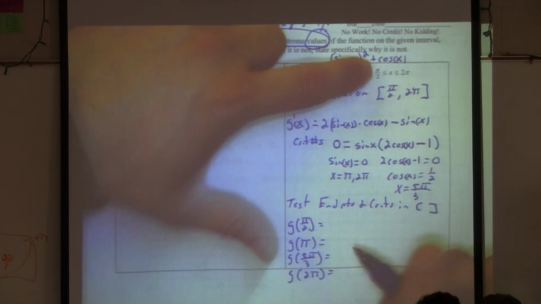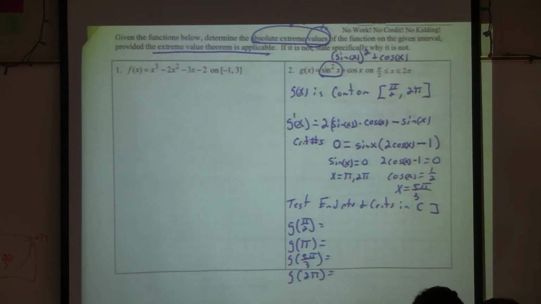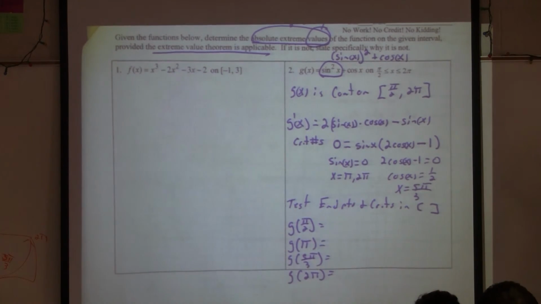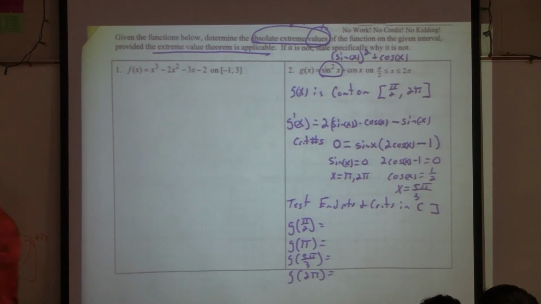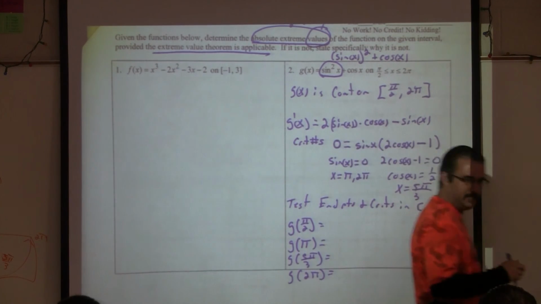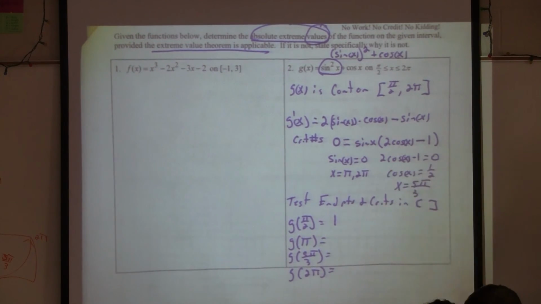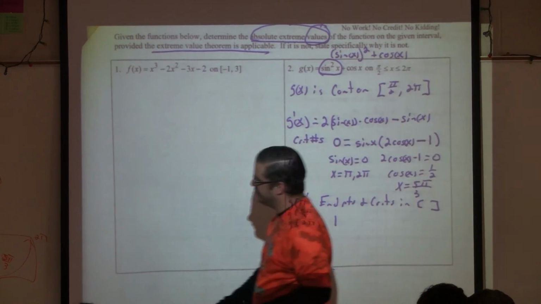Are you ready? It's just sine squared plus cosine. At pi over 2, what's the coordinate? 0, 1. So sine squared plus cosine: 1 squared plus 0 is 1. How about at pi?